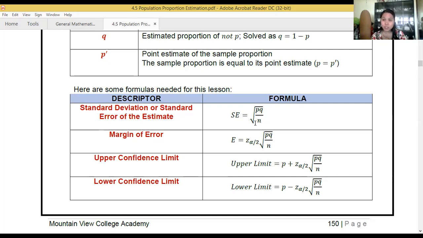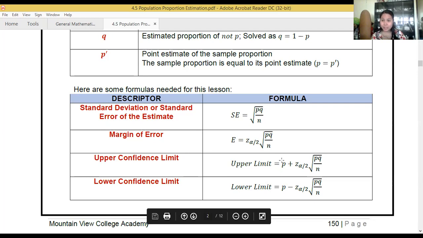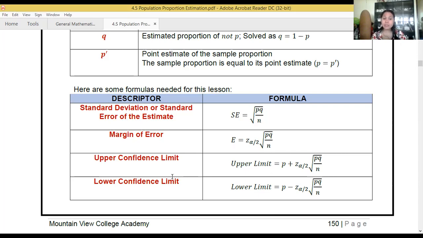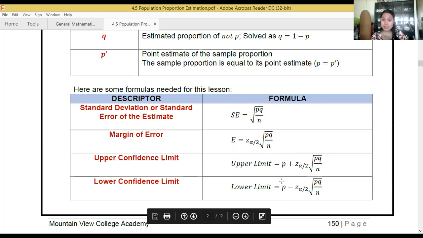That is solved by the square root of PQ over N. The margin of error is the critical value times the standard deviation. The upper confidence limit is the P, the point estimator, plus the margin of error. The lower confidence limit is P minus the margin of error.